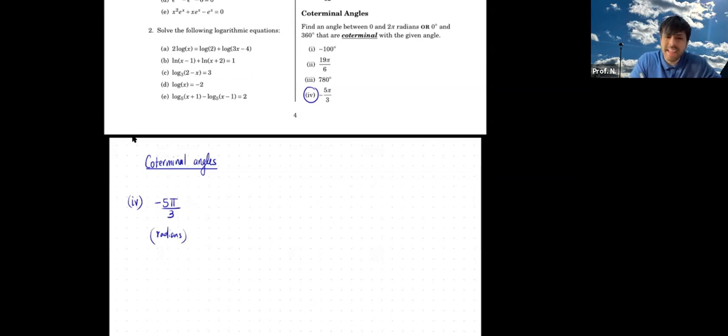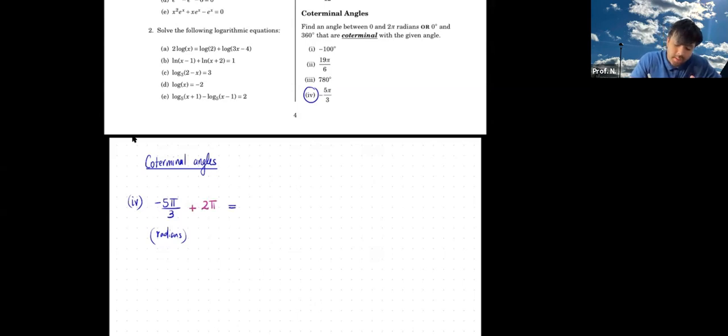So right now I'm at negative 5 pi over 3. So I am nowhere close to 0 to 2 pi radians. So what I must do, since this is negative, is add 2 pi and see where it leads me. Will it keep me negative, or will I break the negative and go on to the positive values?